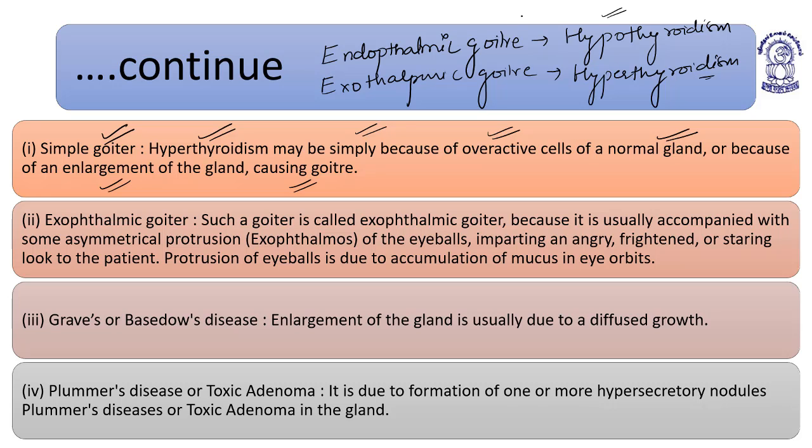In this case, the activity of the normal gland increases, and as the activity increases, its size also increases. Exophthalmic goiter.